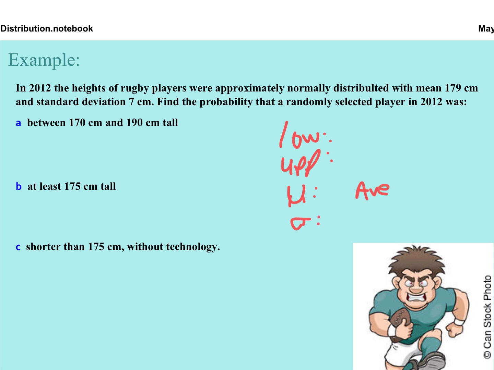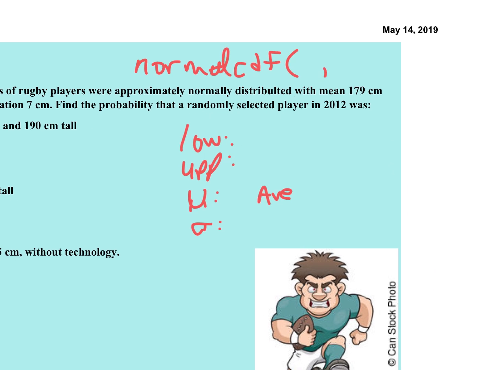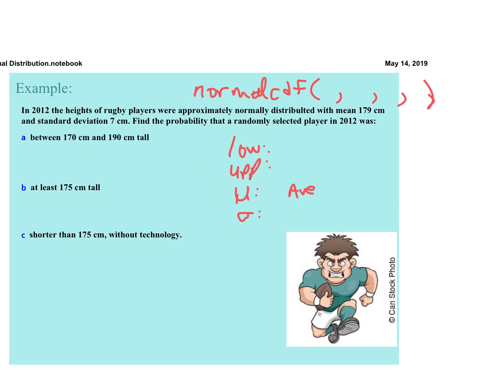If you don't have that, yours just says normalcdf with a parenthesis. And you've got to put them in with the commas in between them. The comma is above the 7 key. And here are the numbers you would put in. The low is 170. The upper is 190. The average was 179.